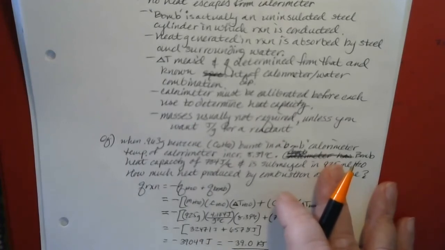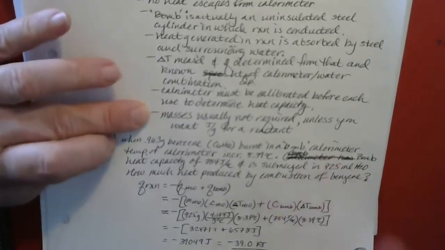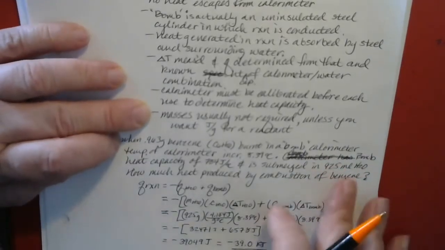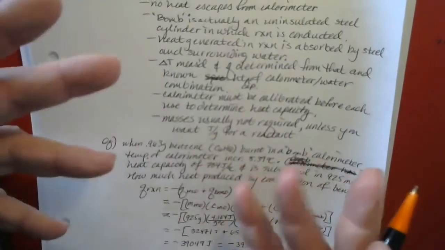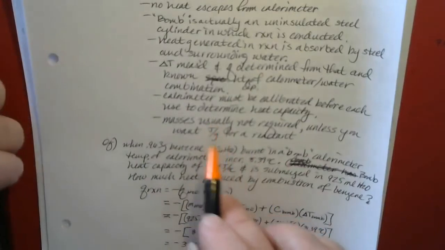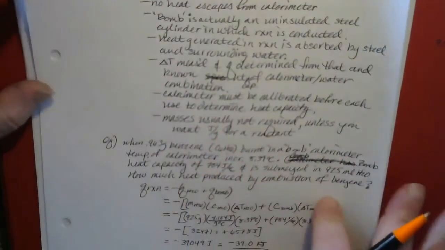That can change the heat capacity. So that needs to be found every single time. Masses are usually not required for this type of calorimetry unless you want to find out the energy of the reaction in joules per gram or kilojoules per mole or something like that.